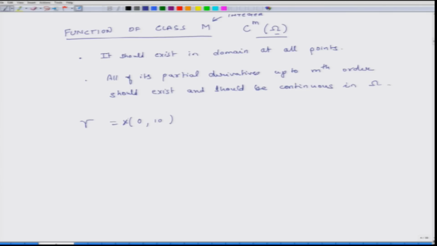My domain is on the x axis, this is 0, this is 10.